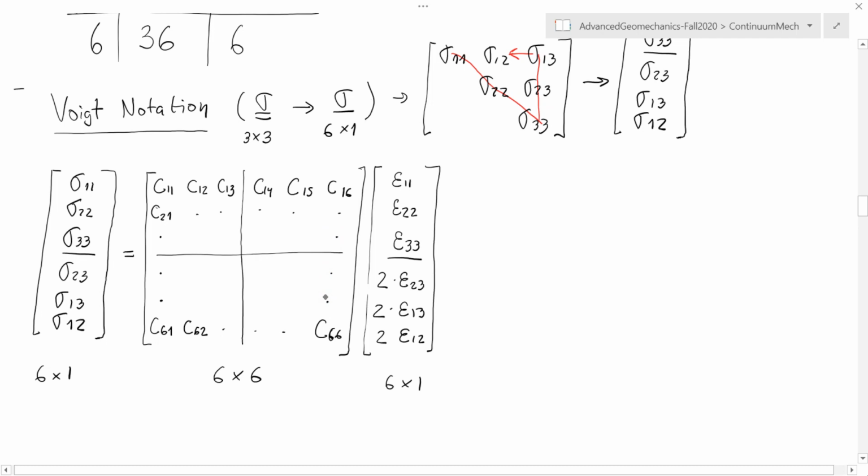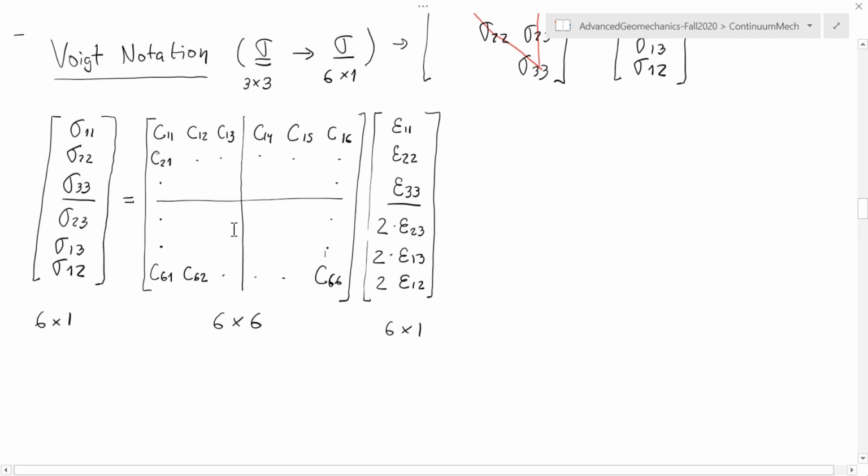And these are going to be our 36 independent coefficients. Notice that if I have a stress over here and this is a strain, these C values are going to have the unit of stress in order to have dimensional consistency in this equation.